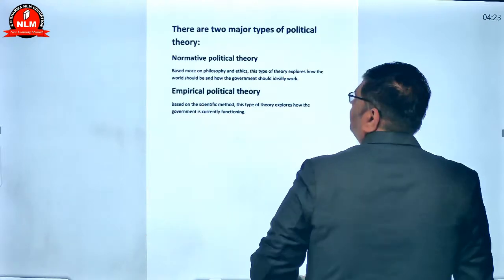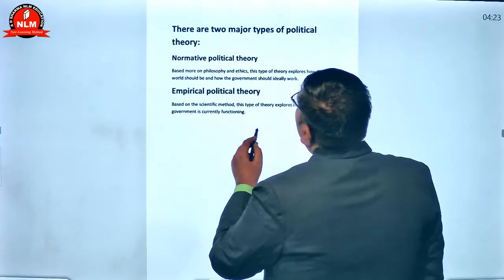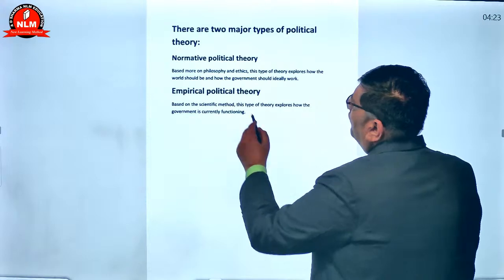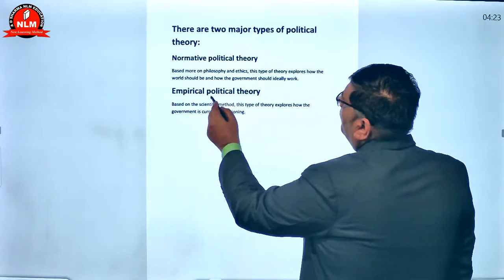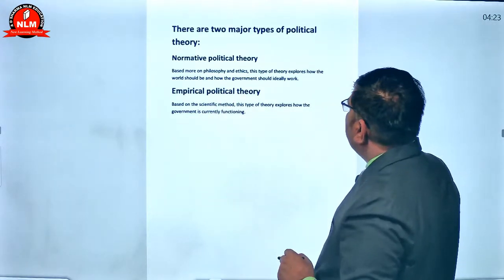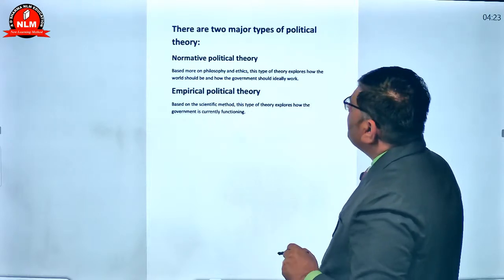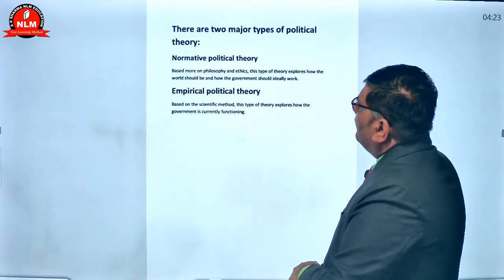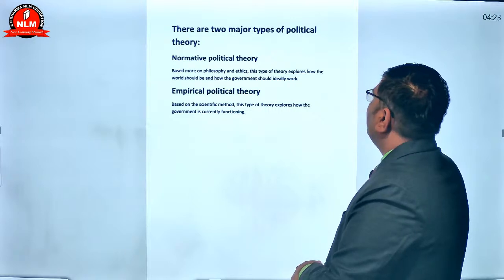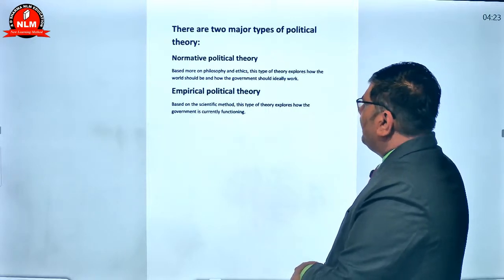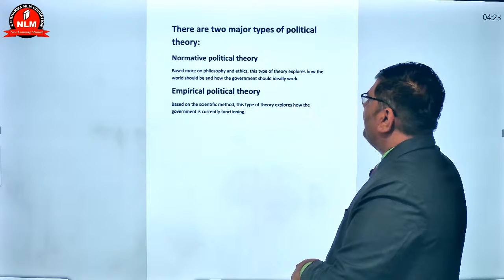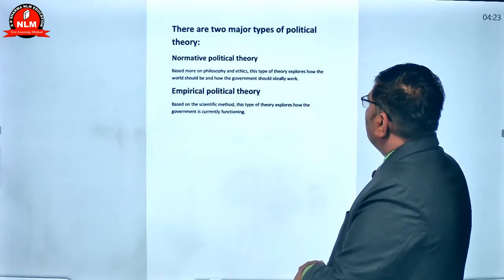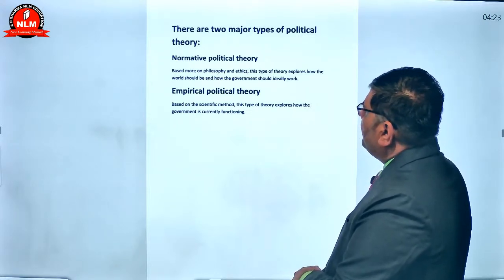Next, there are two major types of political theory. Normative political theory is based more on philosophy and ethics. This type of theory explores how the world should be and how the government should ideally work. Empirical political theory is based on the scientific method. This type of theory explores how the government is currently functioning.